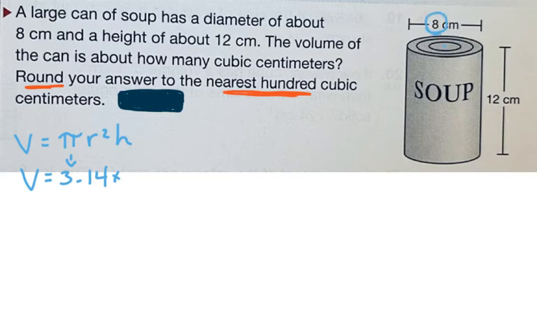Half of the diameter would be the radius, so radius is equal to 4 centimeters. So we have 3.14 times r squared. What is 4 times 4? 16 centimeters squared times the height of the soup can, which is 12 centimeters.